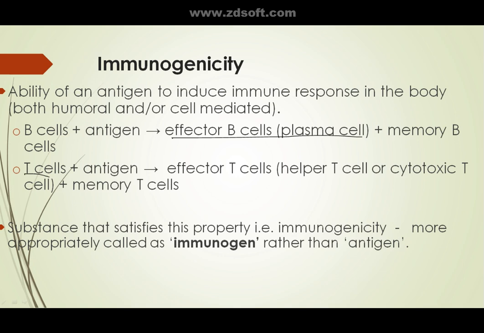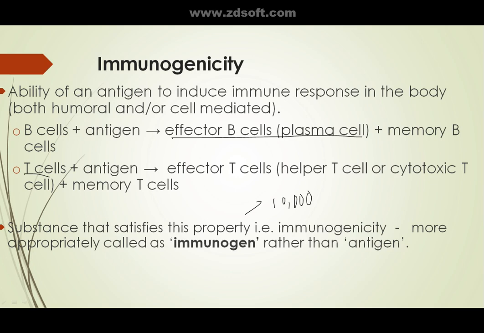For a compound, a chemical or a microbial agent to be an immunogen, it should have certain properties, and one such property is that its molecular weight should be more than 10,000 daltons. This condition is not satisfied by all antigens. Hence we said that all antigens are not immunogens.